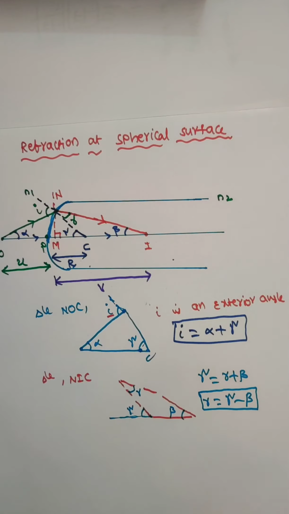Now here we have to find alpha, beta and gamma.